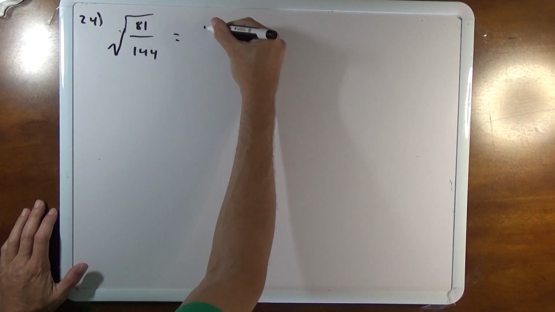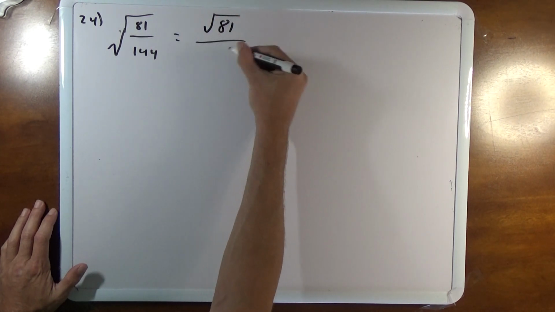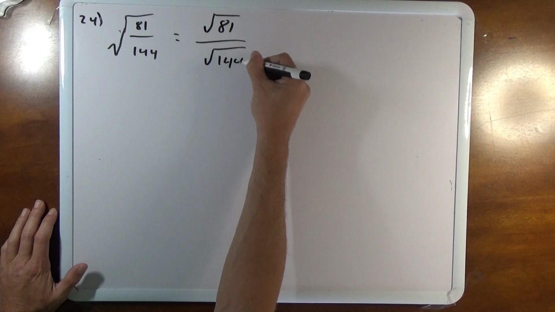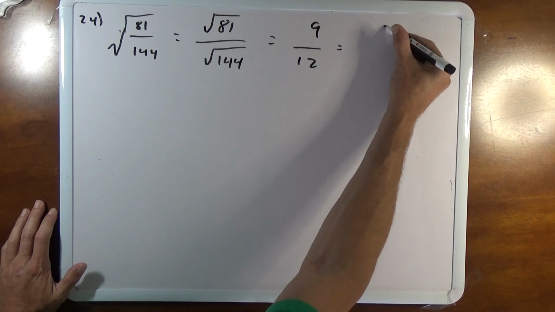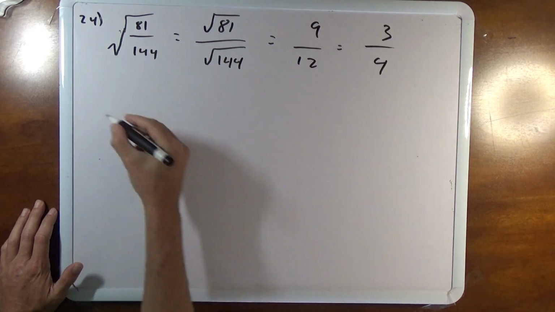Which is equal to the square root of 81 over the square root of 144, which is 9 over 12, which reduces to 3/4.